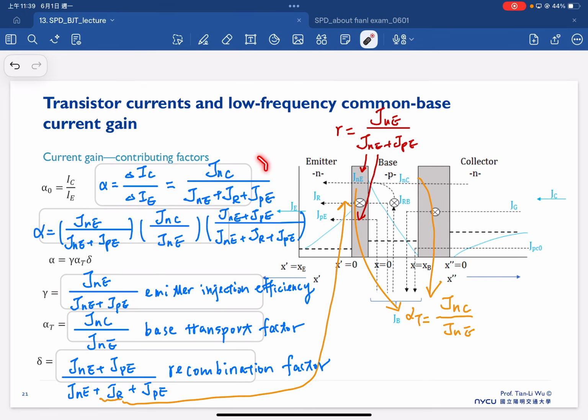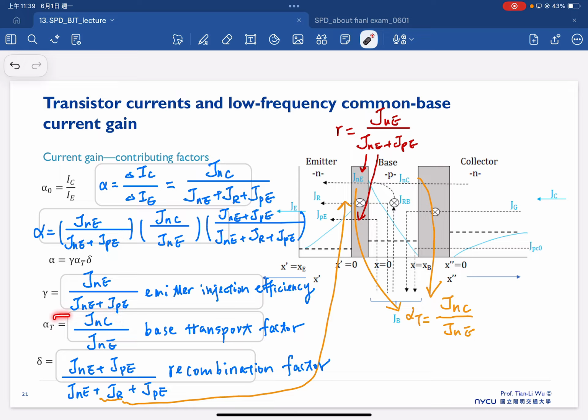Therefore we divide this into 3 terms, and then we get a much more physical sense of each term.